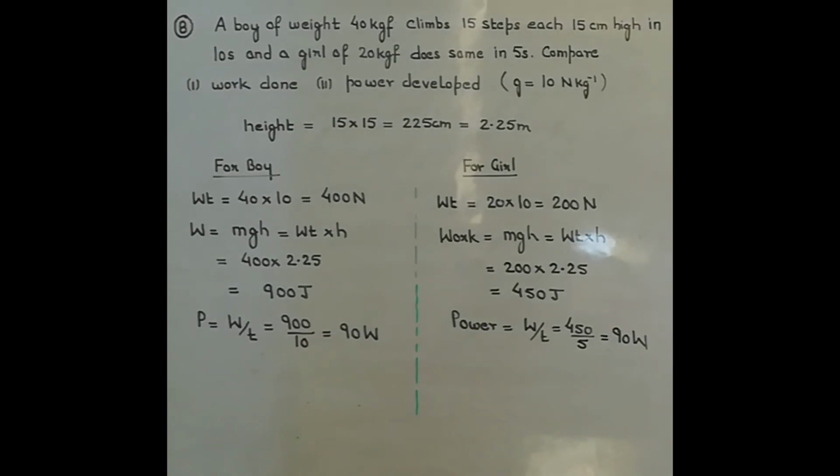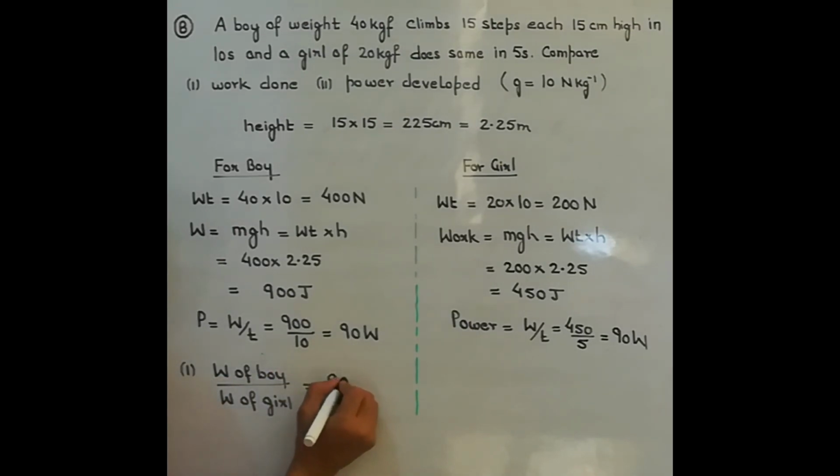So here we have shown the working for the boy and the girl. We calculated their work done and their power developed. Now the question says we have to compare their work. Comparing the work means you have to get the ratio. So you have to get the work of the boy compared with the work of the girl. The work of the boy is 900 and the work of the girl is 450. 2/1.